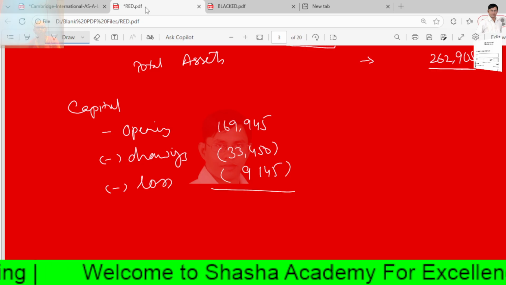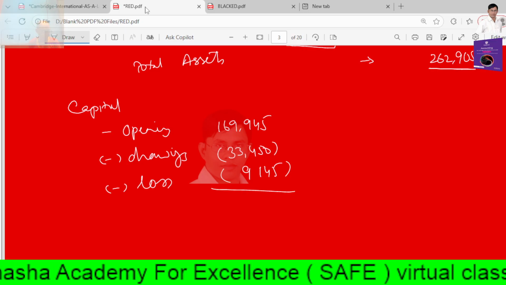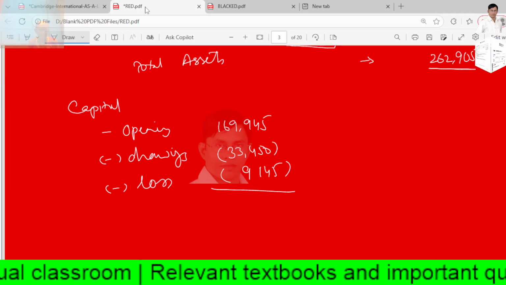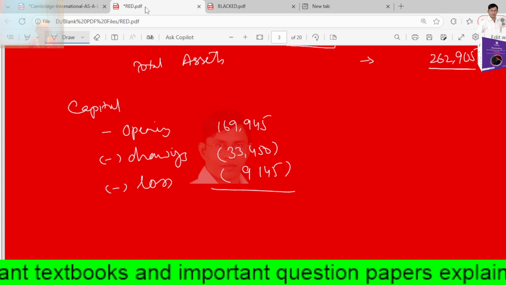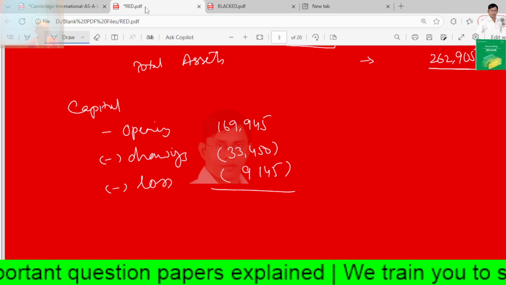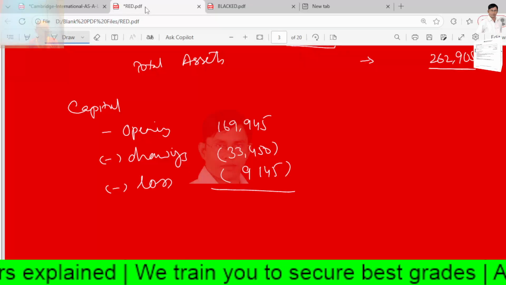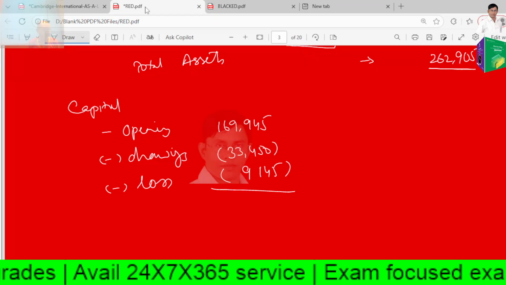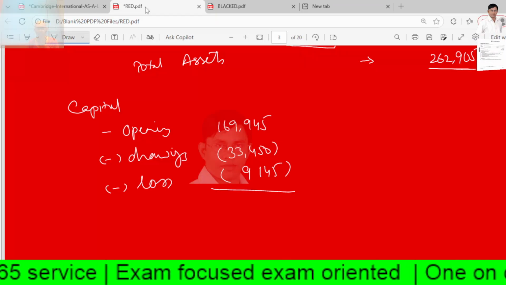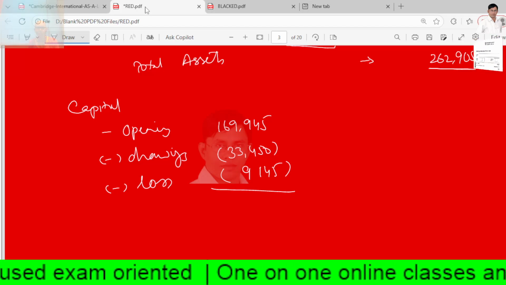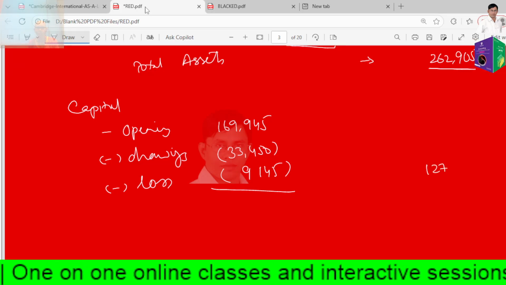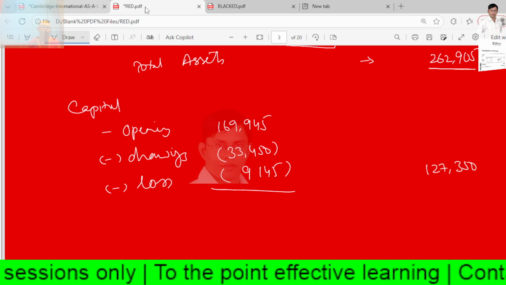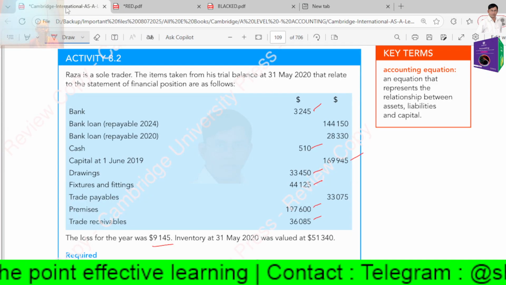So you just calculate 169,945 minus 33,450 minus 9145. So 127,350. Okay, so capital. So this is also considered.